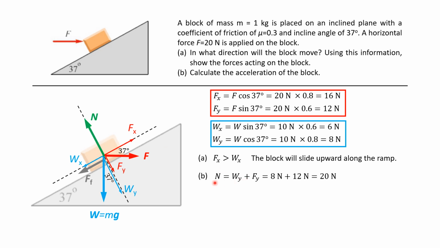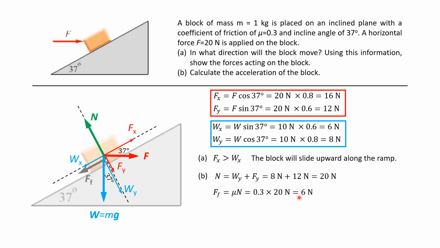W sub y is 8 newtons and F sub y is 12 newtons, so the normal force is 20 newtons. Now we can easily calculate the friction force, because friction force equals the coefficient of friction times the normal force. So 0.3 times 20 newtons, and the friction force comes out to be 6 newtons.